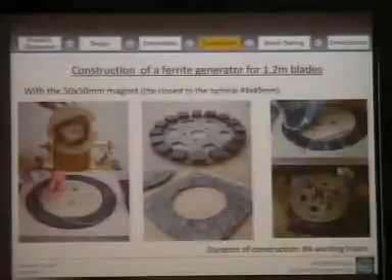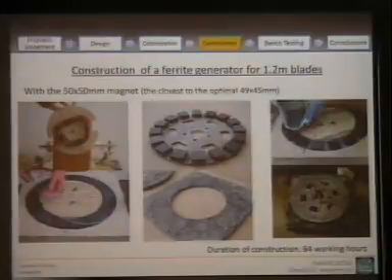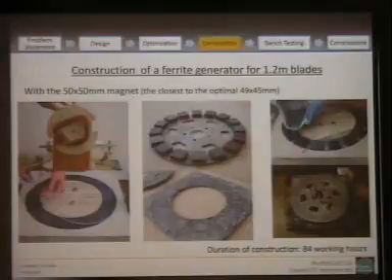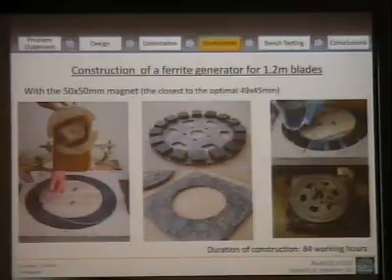So at last, we constructed a ferrite generator of 850 watts rated power for a 1.2 meter blade. We used the 50 by 50 millimeters magnet because it was the closest that we could find in the market, the closest to the optimal. You can see some parts of the construction process.